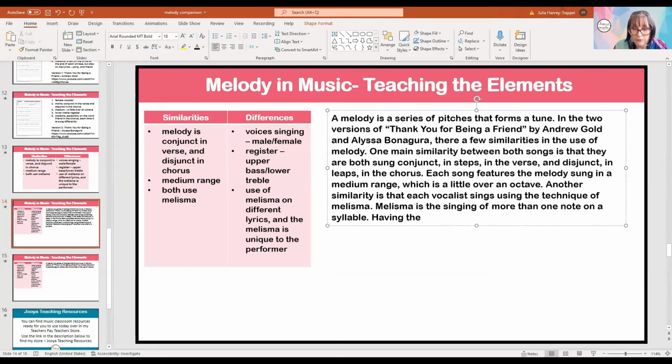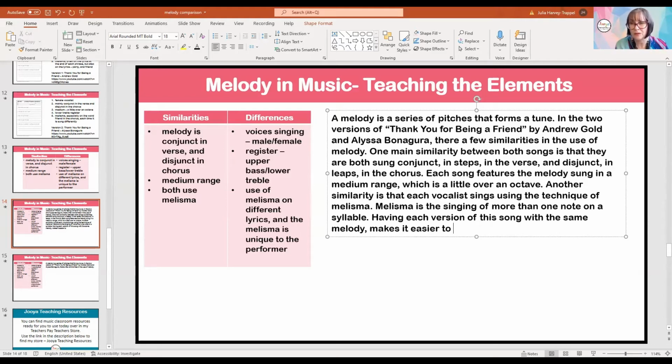Having each version of the song with the same melody makes it easier to identify the song by its melody.